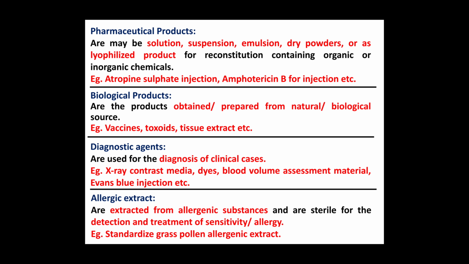The next class is allergic extract. These are extracted from allergenic substances and are sterile, for the detection and treatment of sensitivity or allergy. The example of an allergic extract product is standardized grass pollen allergenic extract.